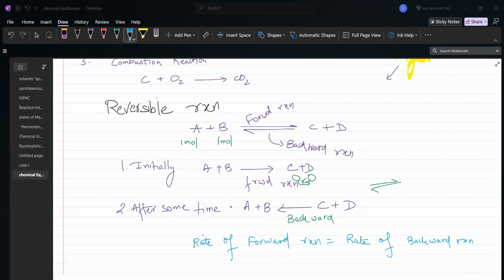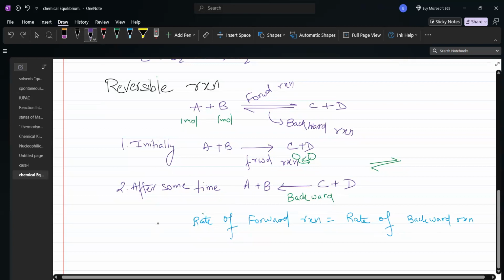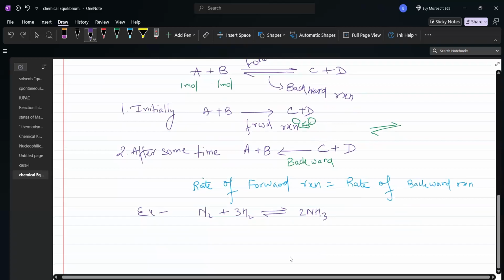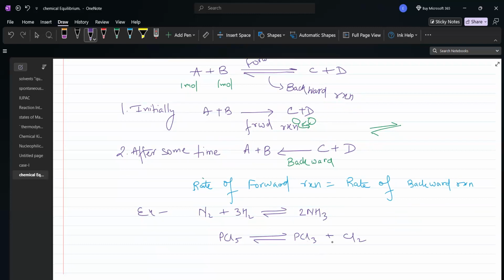There are several real life examples of it. For example, N2 plus 3H2 will be in equilibrium with ammonia. This is a common example. PCl5 breaks and forms PCl3 and Cl2. In this also, PCl5 is constantly breaking, and PCl3 and Cl2 are constantly reacting and again making PCl5.